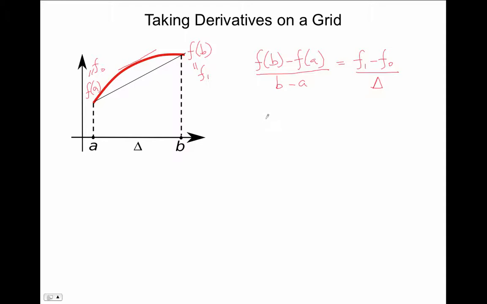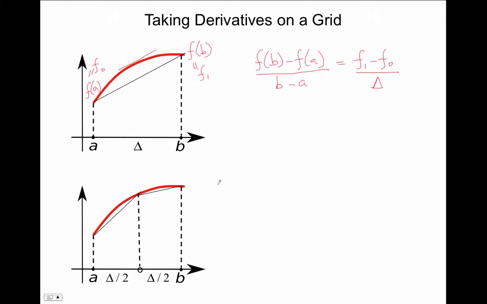But anyway, now let's move on and ask, how do you take the second derivative? Here we needed just 2 points, f of a and f of b. Here we're going to need 3 points. So let's call this f0, f1, and f2. The distance between a and b is again delta, but from here to here, I've taken this to be the midpoint. It's delta by 2, and there's delta by 2 over here.